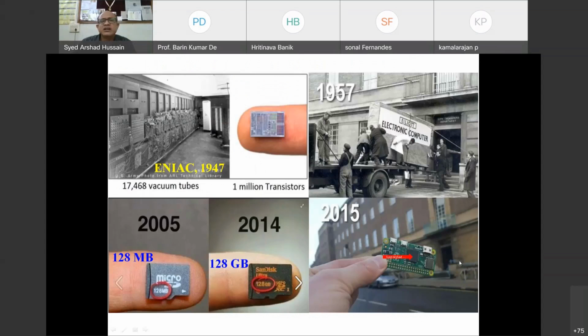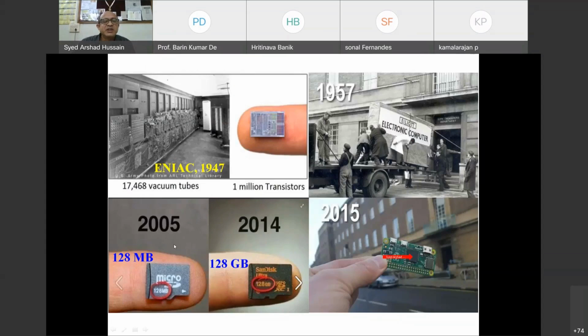And in this cartoon, I am showing just a pictorial idea. You see the size of almost the oldest computing machine, ENIAC, in 1947, almost equal to a big hall. And now you can see 1 million transistors can be packed in a fingertip.